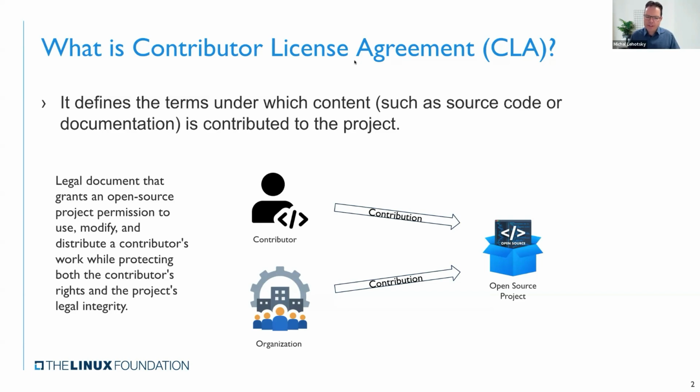Or there can be different reasons why we want some kind of agreement between the open source projects and the contributor saying, these are the conditions under which you can contribute to open source project. And same thing from the open source project itself. Yeah, if I got a contribution, here are the conditions under which I will get these contributions.